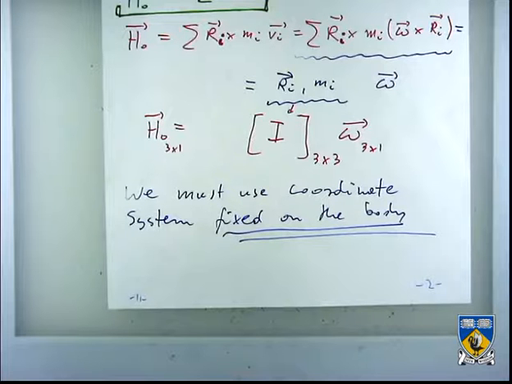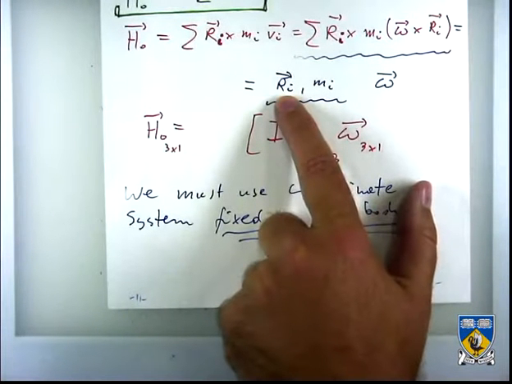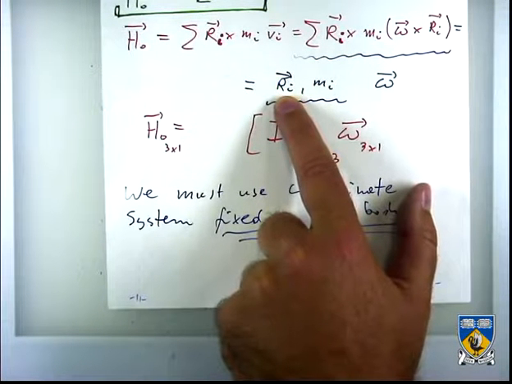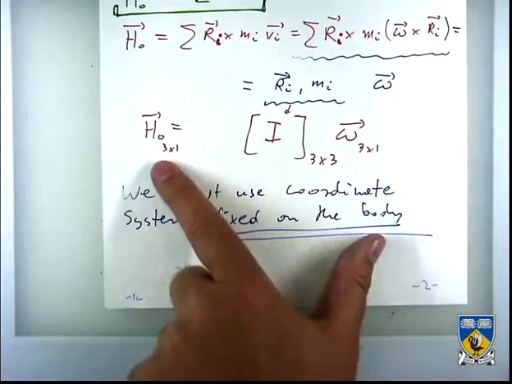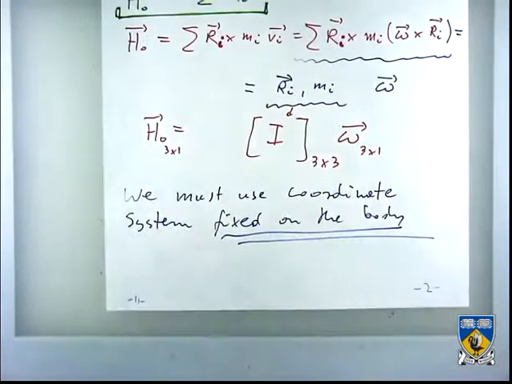Because in the system fixed with the ground, obviously these r's would be changing while the plane is moving, and then taking the derivative of this would be beyond human capability.